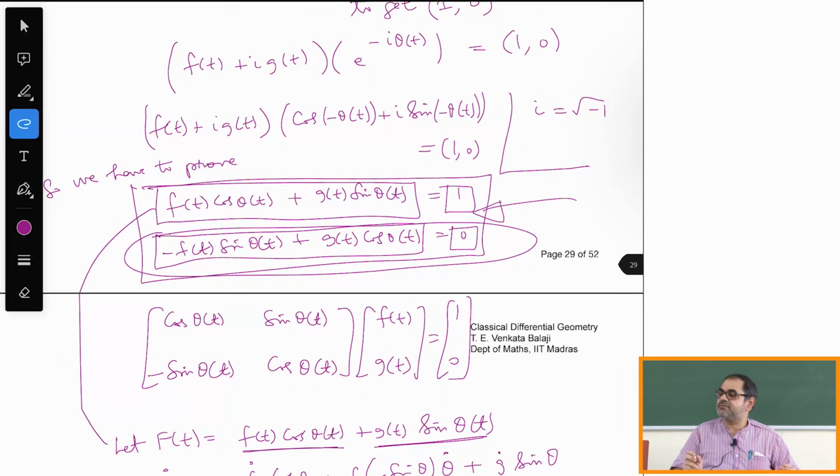So g t will become g t naught, and g t naught will actually be 0, because you will get minus cos theta naught sin theta naught plus cos theta naught sin theta naught, which becomes 0. So you have proved this pair of equations, but that is equivalent to proving f t is cos theta t, g t is sin theta t, because that's where we started from. Therefore you have proved the existence of a turning angle.